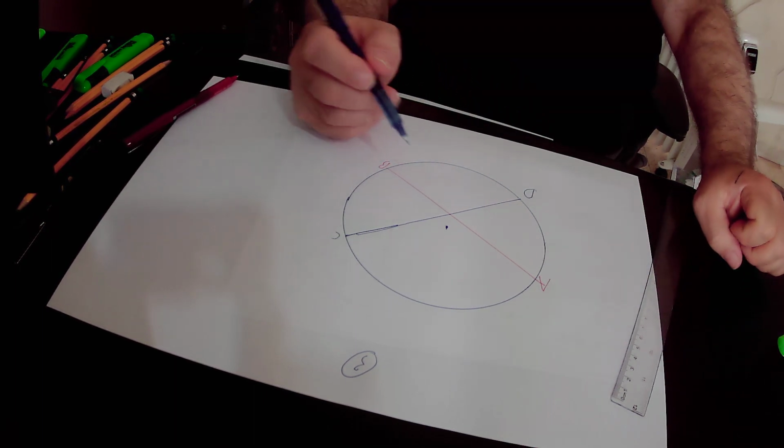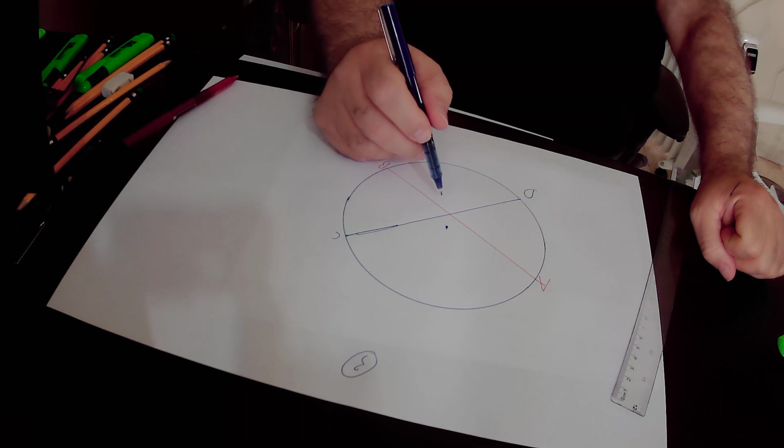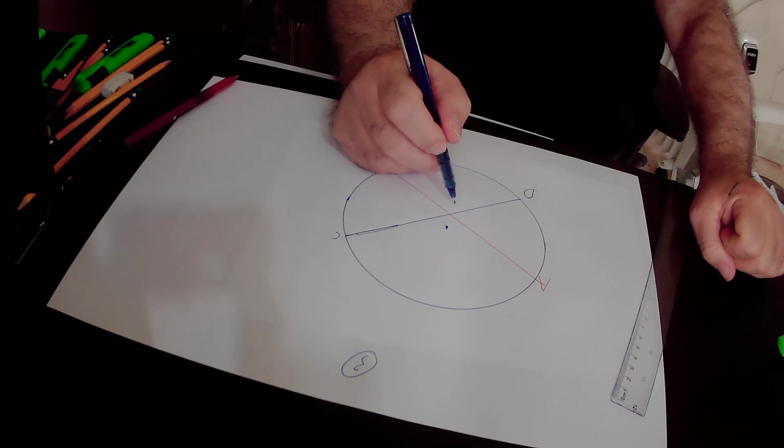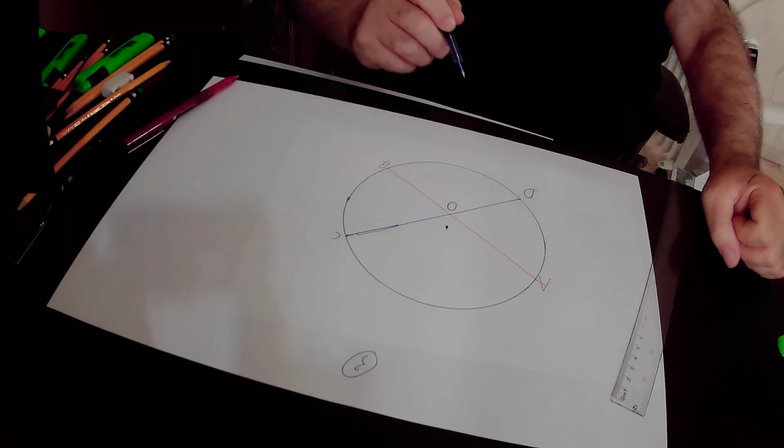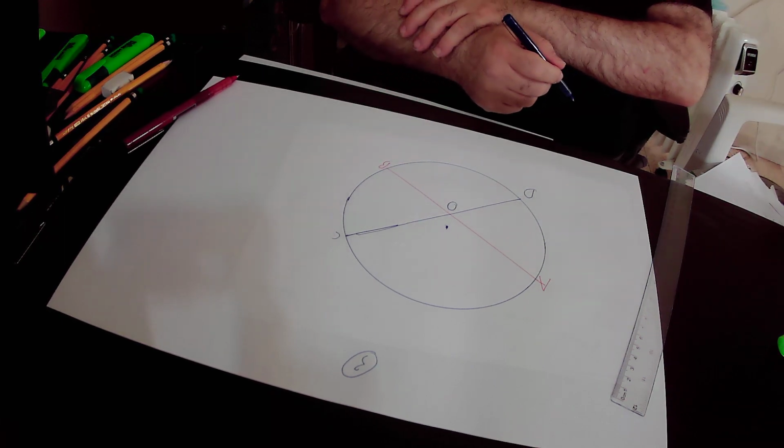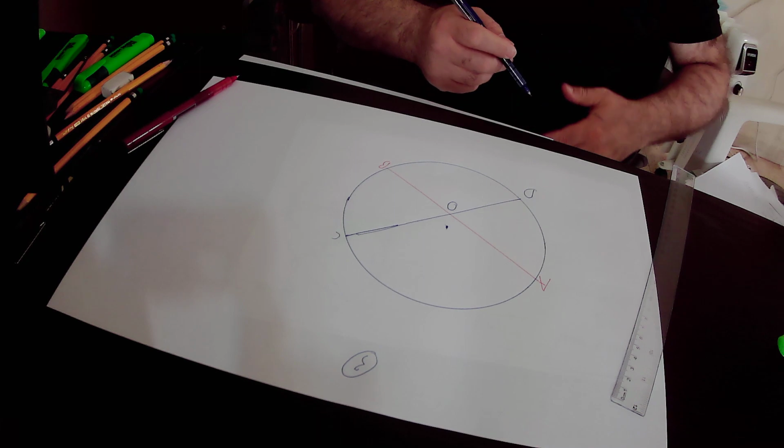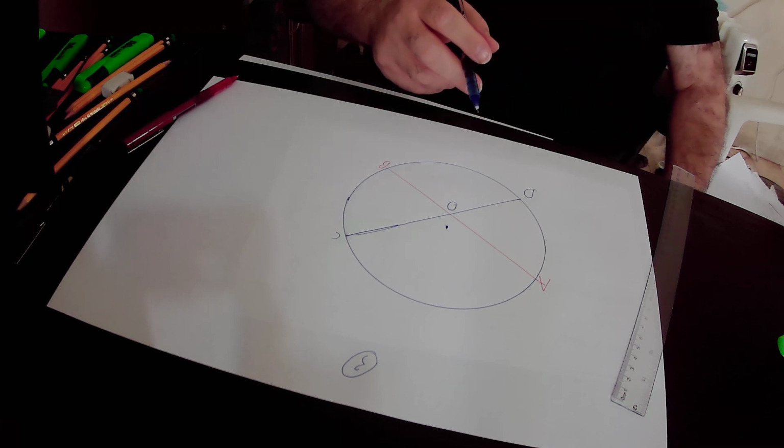And the intersection point between those two chords is at this point, point O. Then the following relationship exists between their parts.